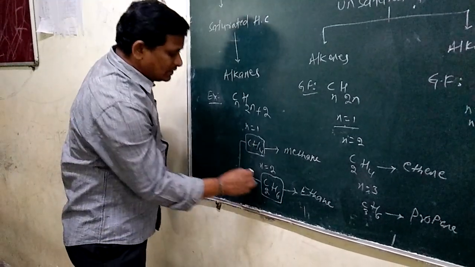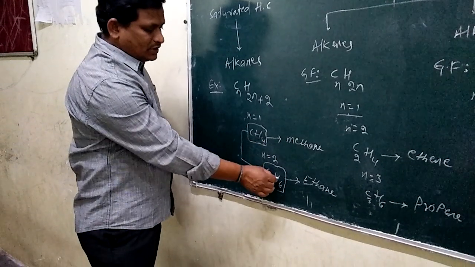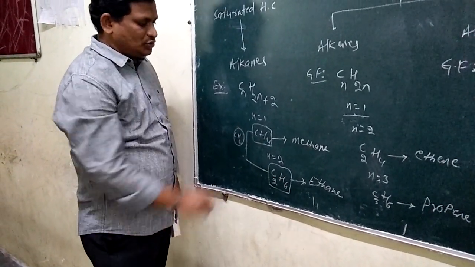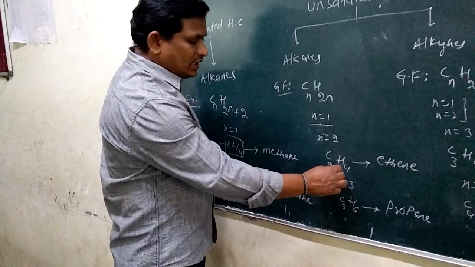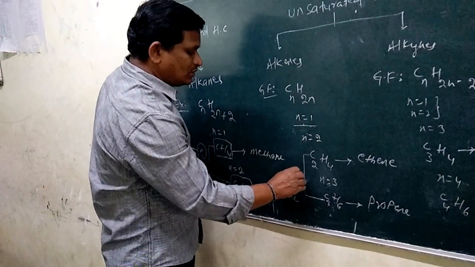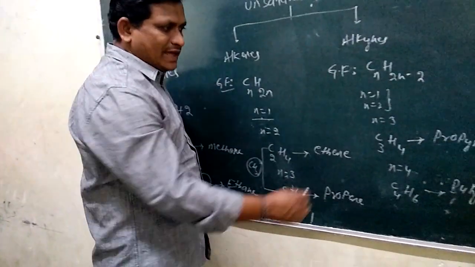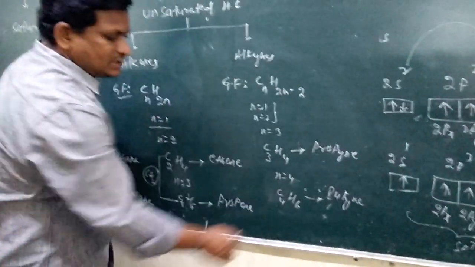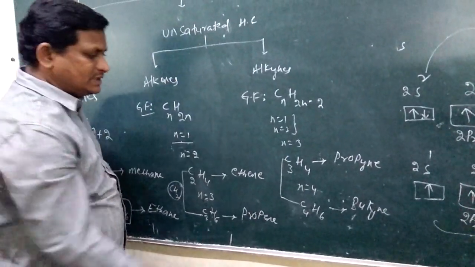Similarly ethene and propene, as well as propyne C3H4 and butyne C4H6, are in homologous series.